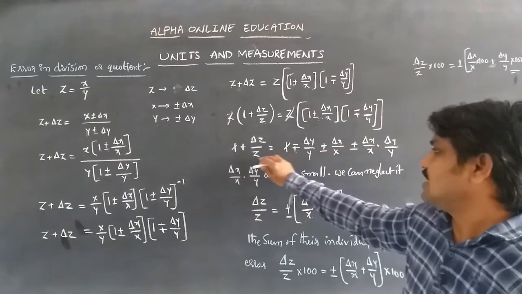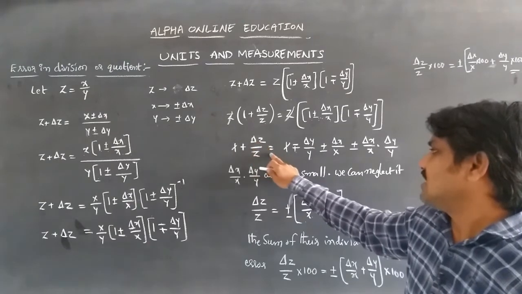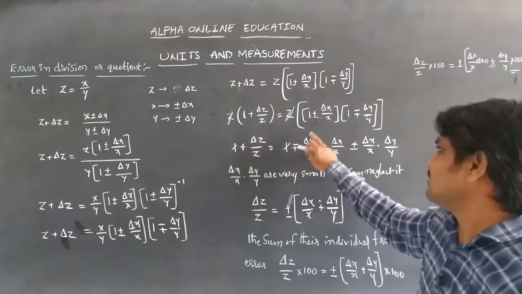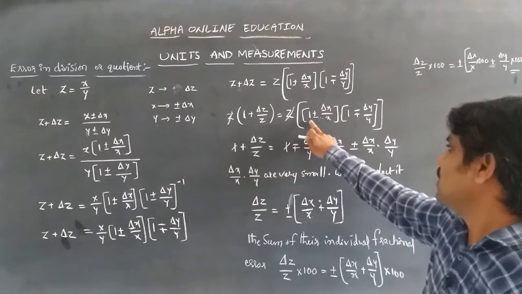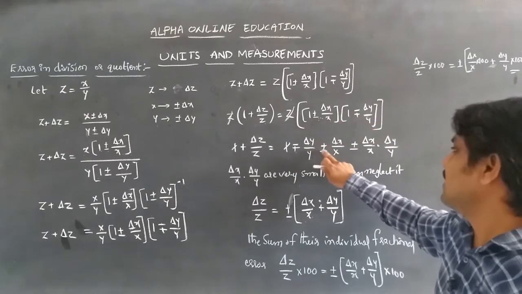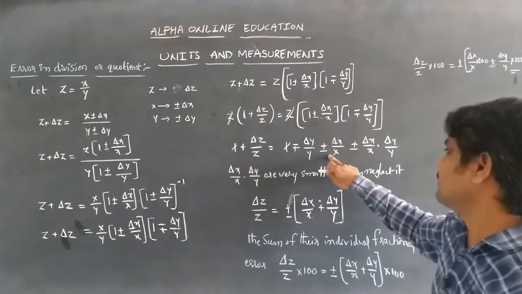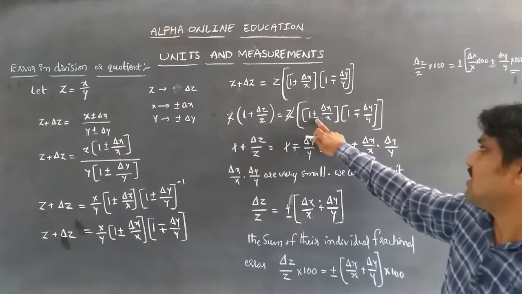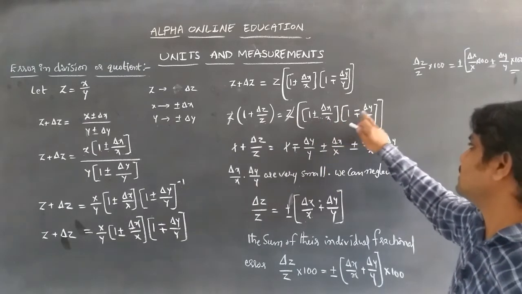Then we get 1 plus delta z by z is equal to 1 minus or plus delta y by y, plus or minus delta x by x, and plus or minus delta x by x into delta y by y.